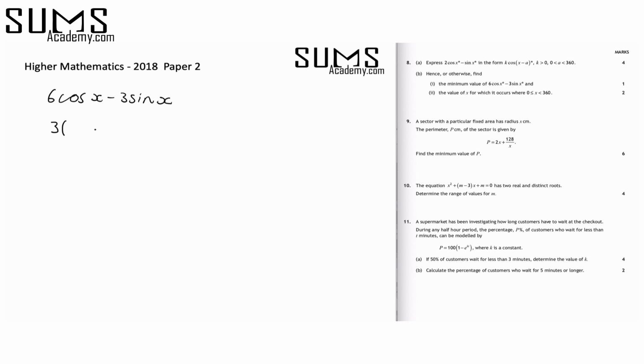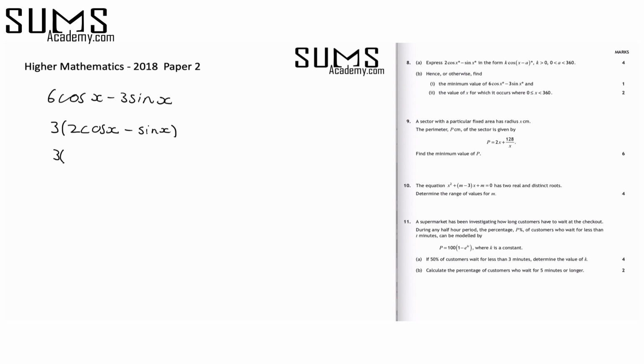So you get 3, then you go back to your original question, 2 cos x minus 3 sine x. Okay, and we already know from before that we can put it in this form. So what happens then?